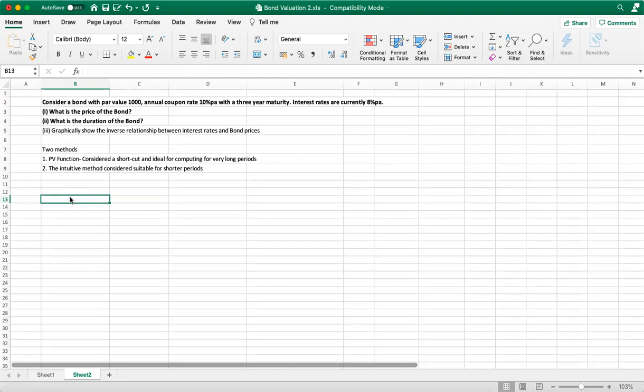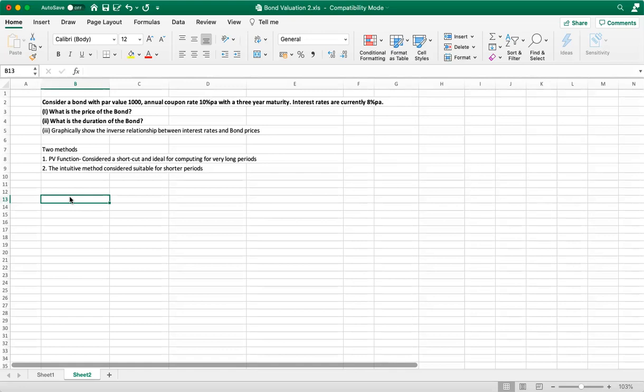So the intuitive method is considered suitable for shorter periods. So if you have a 3-year bond, or a 5-year bond, or even a 10-year bond, you can use the long method.